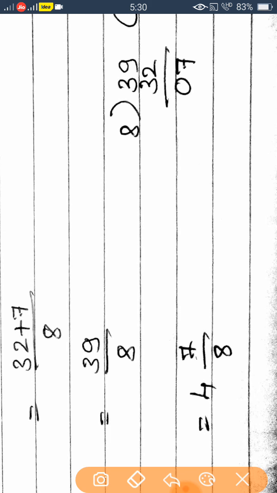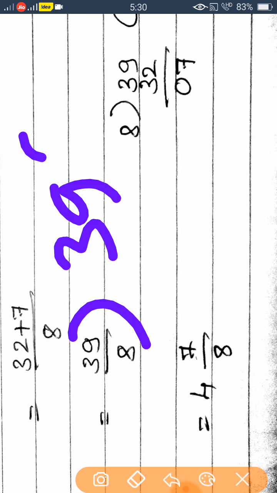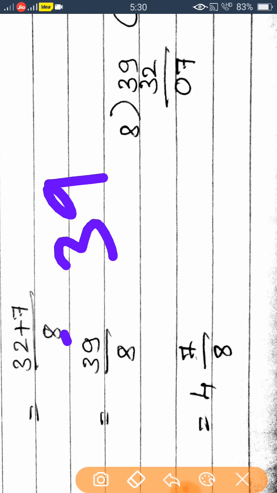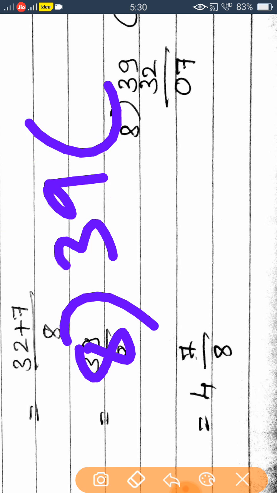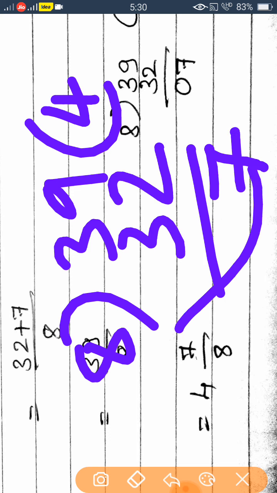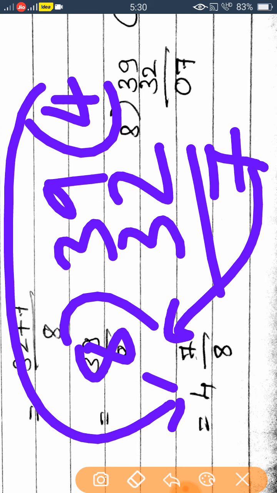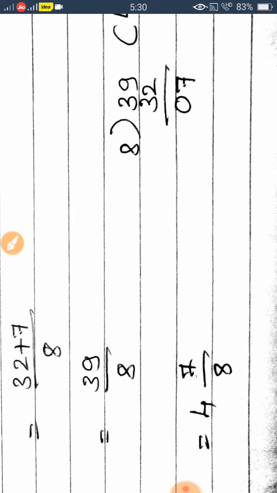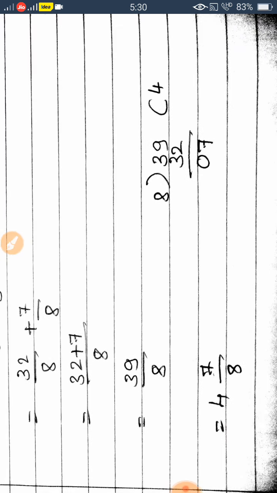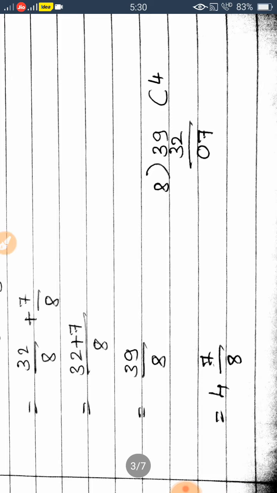By dividing 39 by 8. 8 4s are 32, 7 remaining. That's 7 in the numerator. This is the whole, and the denominator stays the same. So this is how I have written here. You may refer to this. Okay. This is how the addition comes.